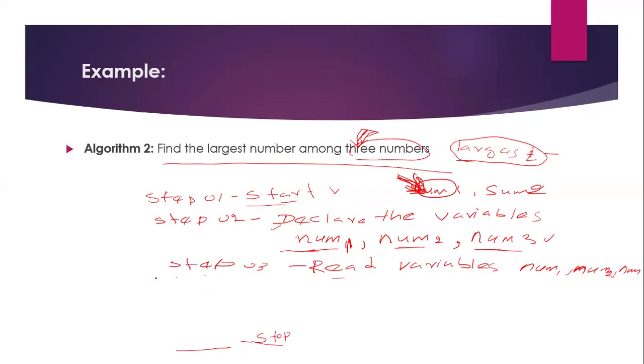So in step 4, what do we want to do? We have to compare these numbers. We have to find the largest number from here. We can compare them, but we cannot write this as just comparing these three variables. This is not a good algorithm.